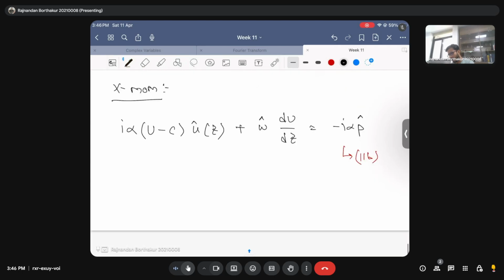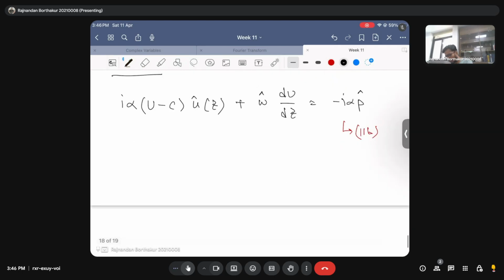And your z momentum becomes i alpha (U minus c) times w hat of z equal to minus dp hat by dz. That is your z momentum equation.